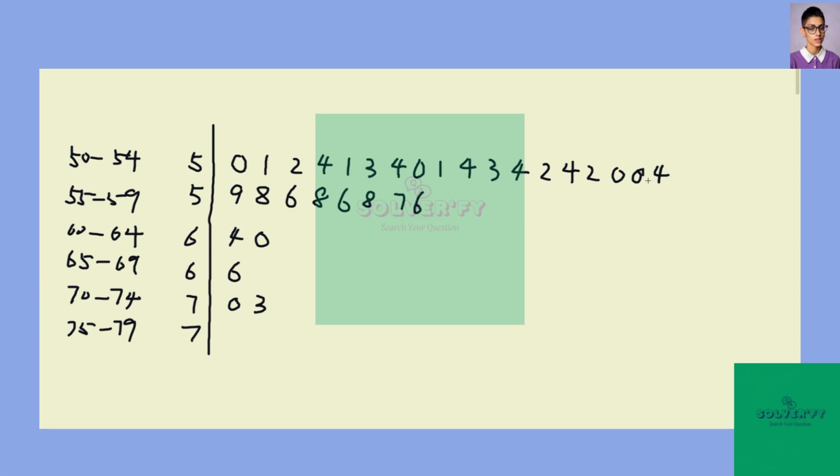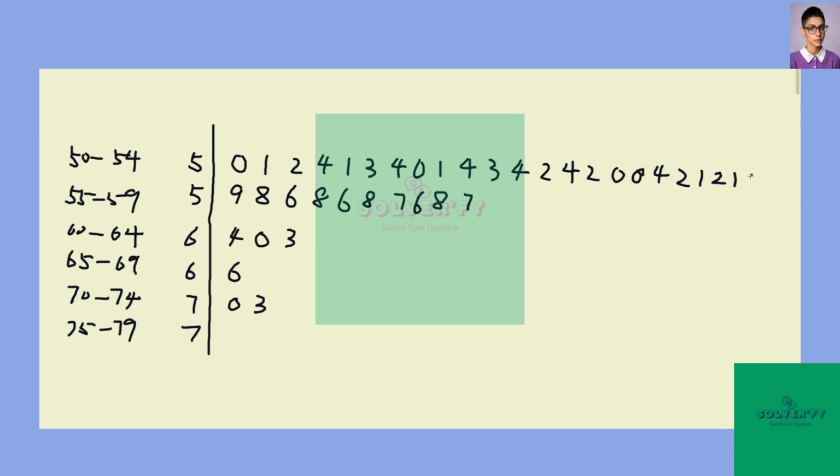Okay, we have 2 rows remaining. The next one is 52, 51, 58, 63, 57, and 52. Okay, only 1 row remaining.